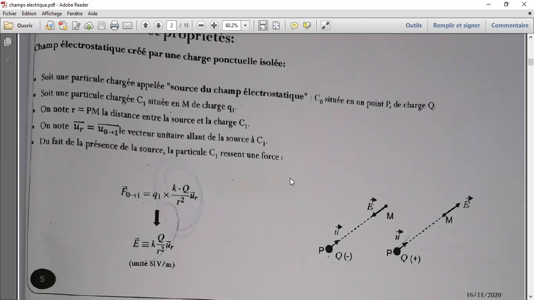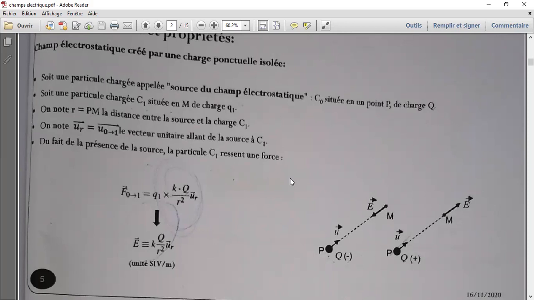Champ is a field or an area which is electric. So here we're only going to consider a source which is creating a champ électrique. When you talk about champ électrique, you see an electric area created by a source, a particle which is charged.